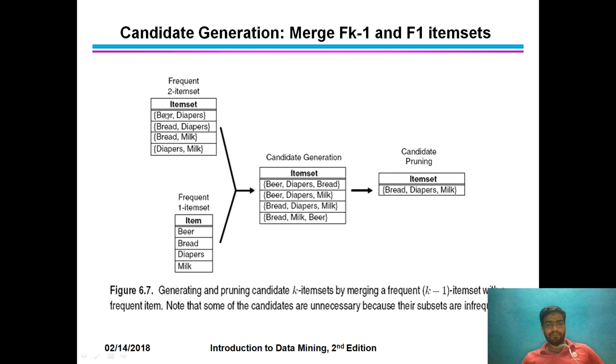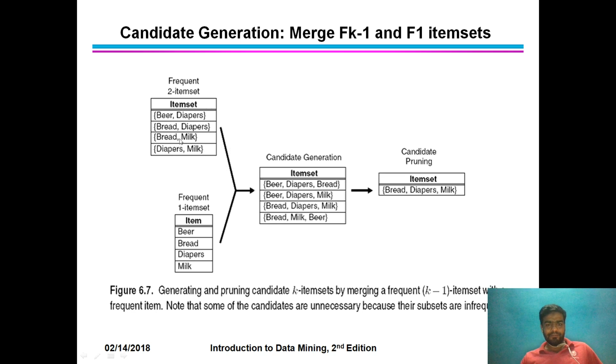First take beer diaper combined with beer, which is already present, so we will not go for that. We take bread; beer diaper will not combine, we take only milk. So beer, diaper, and milk. Then start with bread diaper and milk, because beer is already present with bread.